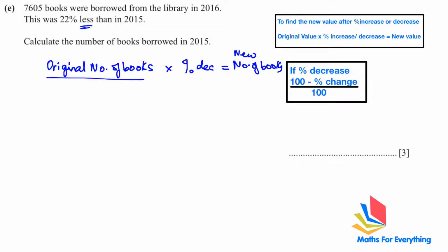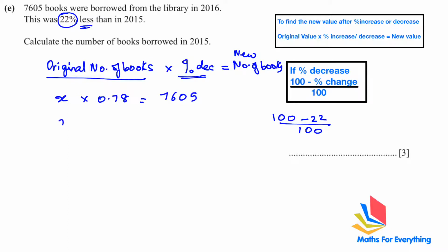So what is the starting number of books in 2015? We don't know. Let's write it as X. And we need to find the percentage decrease. How do we find it? On the side, write 100 minus the percentage change. What is that? 22. Divide by 100 and you will get 0.78. This gives you the new number of books, which is 7,605.